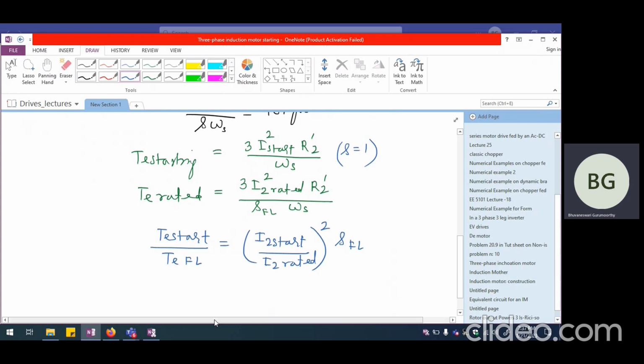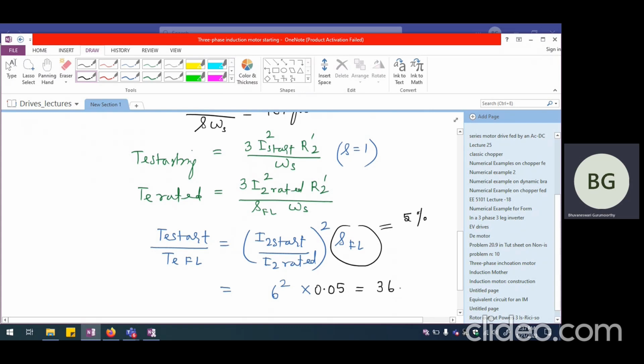So this can be as high as 5 to 8 times. Let us say this is about 6 times. So 6 square multiplied by the full load slip, which typically for an induction motor will be at most 5%, not anything more than that. So this is going to be 0.05, the maximum you are going to have generally.